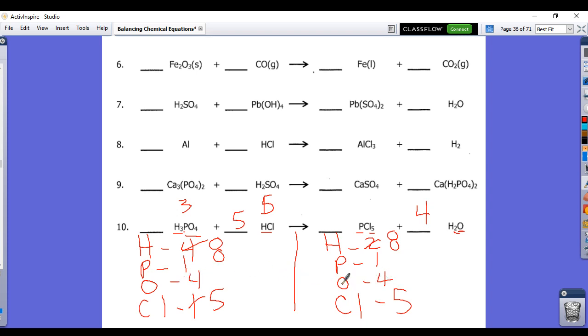So this is just a trial and error kind of work. You just have to know the rules, making sure you multiply that coefficient by everything behind it, and you add when you need to. Like for the hydrogens here, you've got 3 here, plus you had 5 here, so that makes 8. So I hope this was helpful.